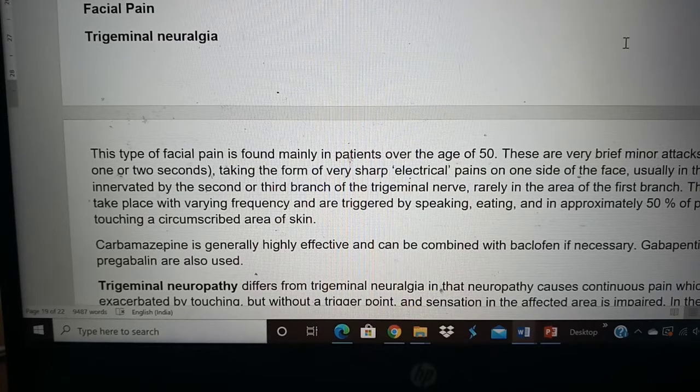This is due to trigeminal neuralgia. A lot of people, to prevent this pain from being triggered, stop washing their face or stop shaving. But carbamazepine is one of the methods of treating it. Baclofen can also be given among other drugs to overcome trigeminal neuralgia.